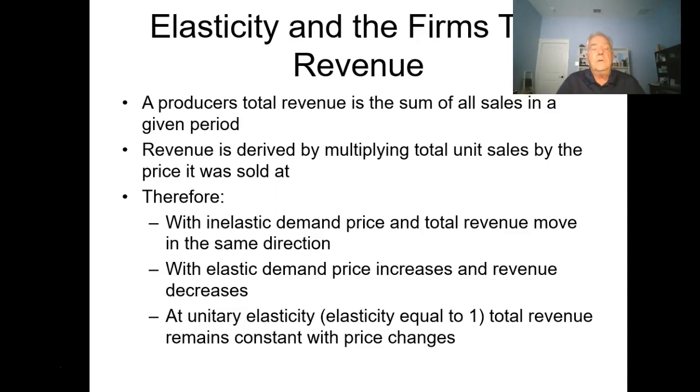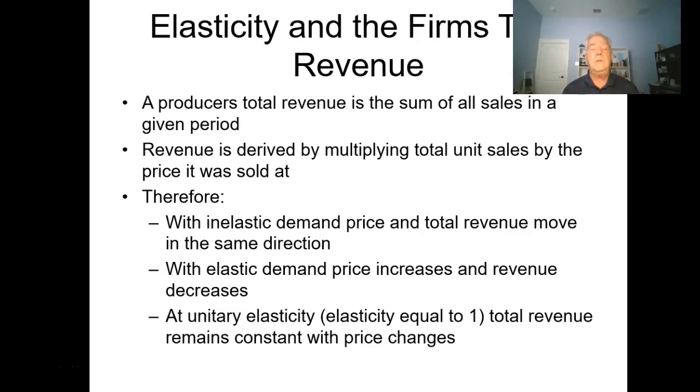So with elastic demand, price increases and revenue decreases. That makes sense because what we do is we move up the demand curve. And as we move up the demand curve at higher and higher prices, we cannot sell as much as we did before. Right? In inelastic demand, price and revenue move in the same direction.